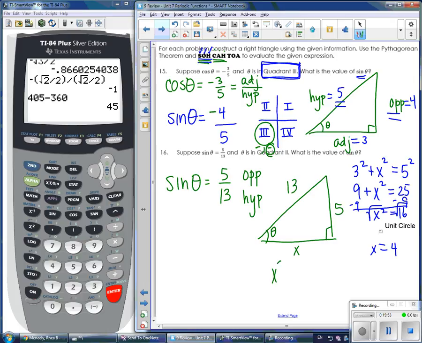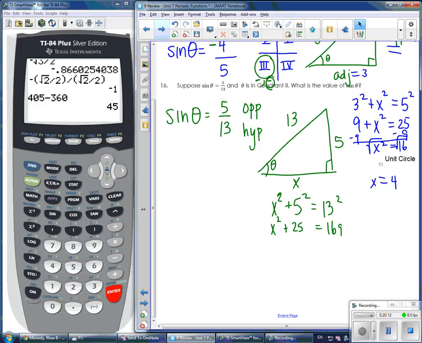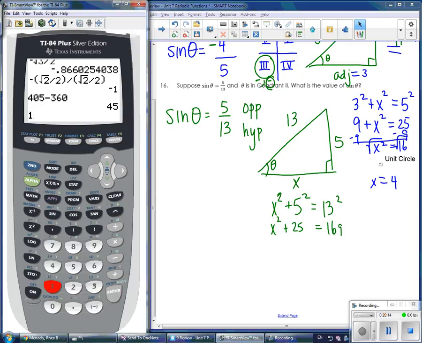So that means that x squared plus 5 squared, and this is actually one of your perfect triples. So x squared plus 5 squared has to equal 13 squared. Or x squared plus 25 is equal to, I think it's 169. Let me just double check. Yep.